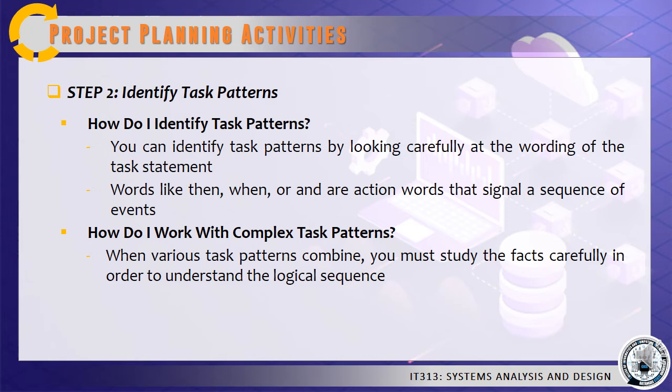You can identify task patterns by looking carefully at the wording of the task statement. Words like then, when, or end are action words that signal a sequence of events. For example, "do task 1, then do task 2" describes dependent tasks that must be completed one after the other. Another example is "when task 2 is finished, start 2 tasks, task 3 and task 4."